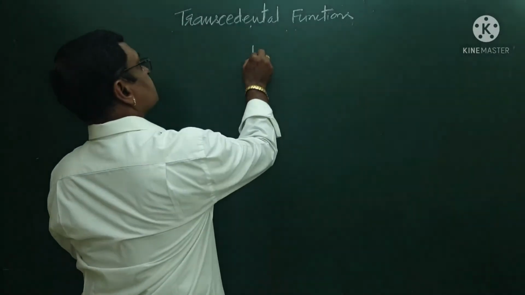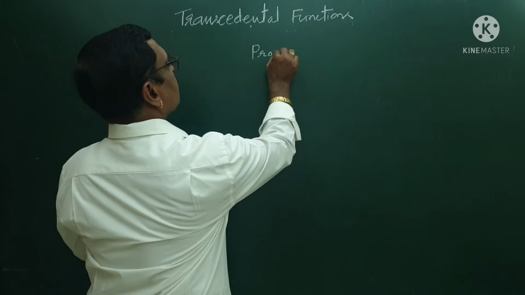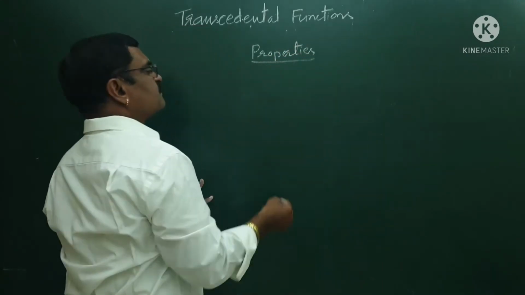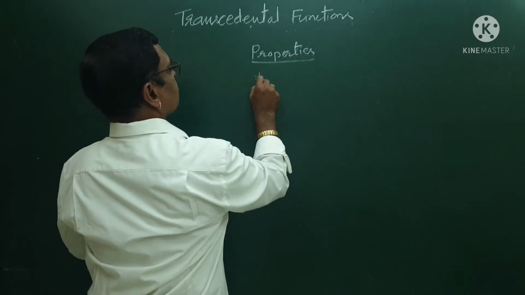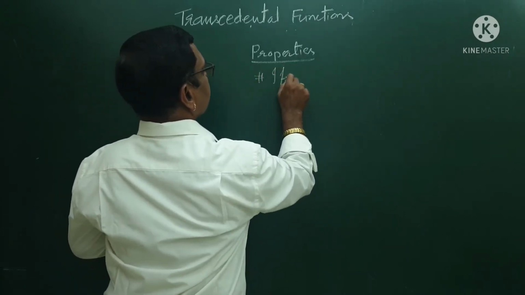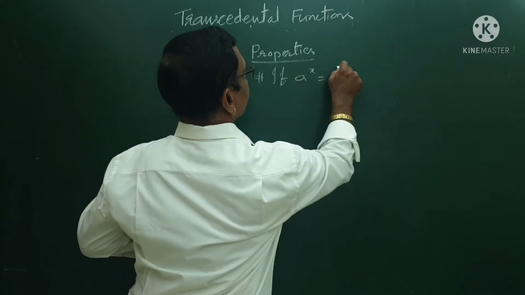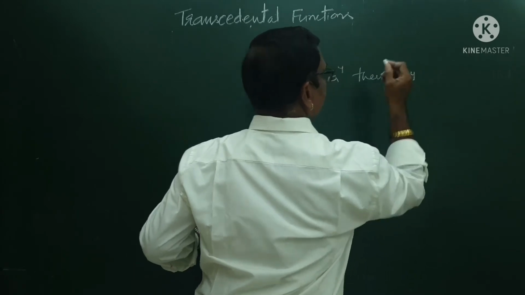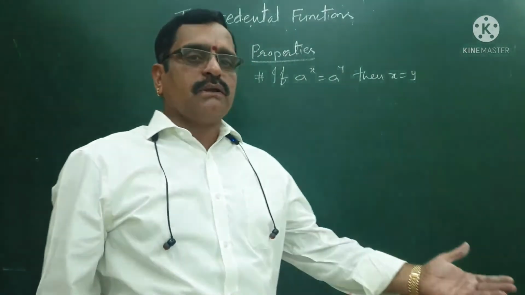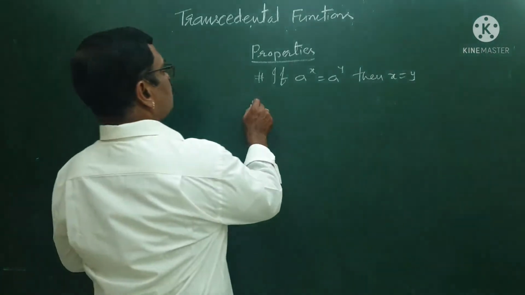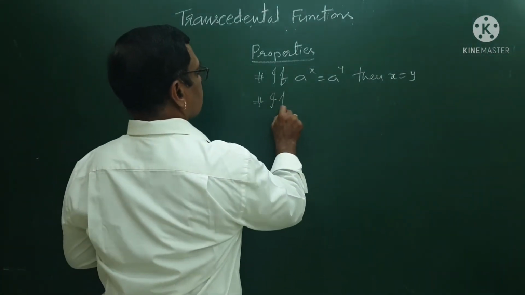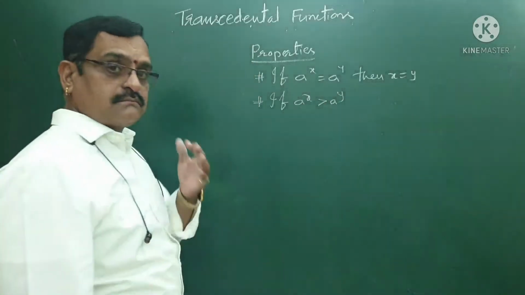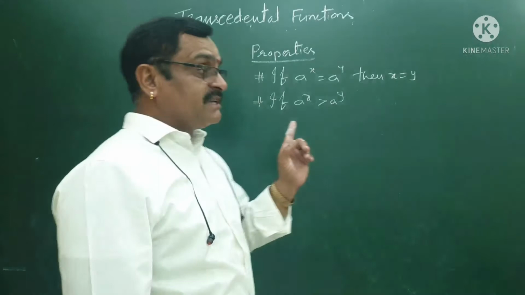Now the properties. Very simple. Number 1, if a power x is equal to a power y, then x is equal to y. If the bases are equal, we can equate the powers. Number 2, if a power x is greater than a power y, don't say always x is greater than y.